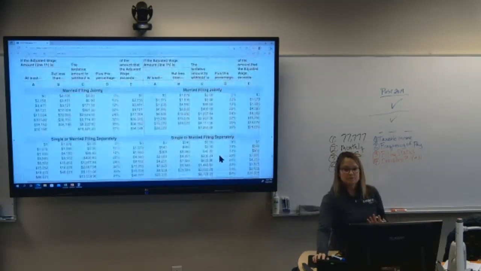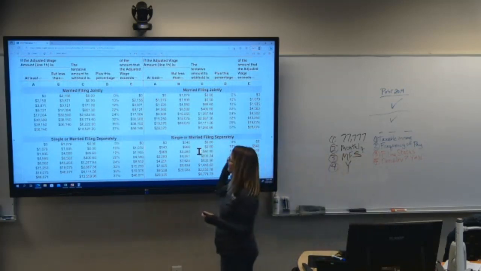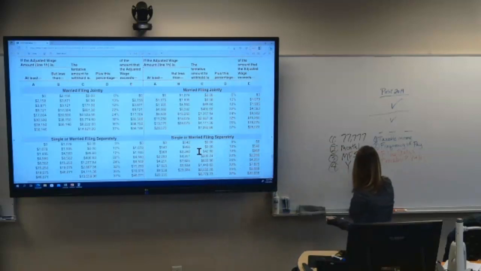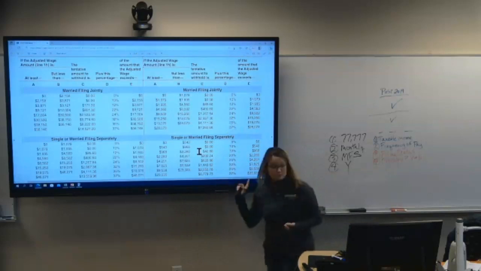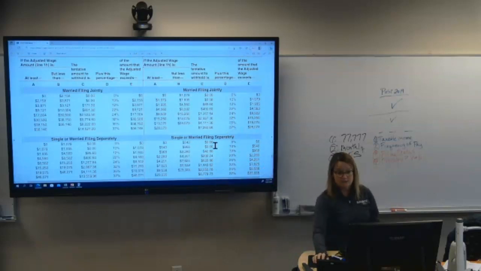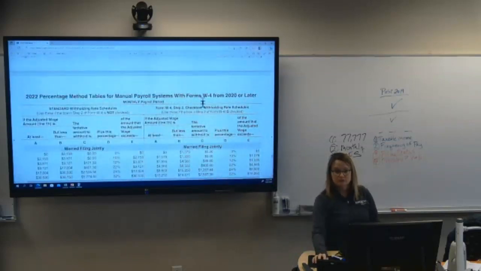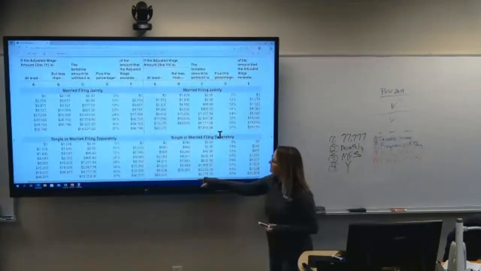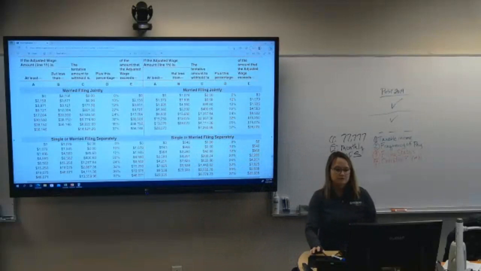Married filing separately, it's going to be right here. It says right there, single or married filing separately. So we got our filing status and our frequency. Checkbox is yes, which means we're going to use the table on the right-hand side. So we have it narrowed down to that table.